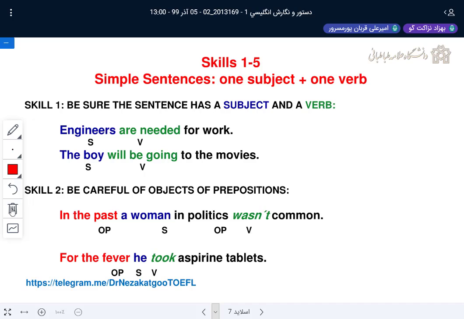Let me tell you something. Actually, ETS, Educational Testing Service in the United States, is responsible for high-stakes tests like TOEFL, GRE, GMAT, SAT, LSAT, TOEFL iBT, and actually Young TOEFL. Recently they have Young TOEFL, different versions of the TOEFL.